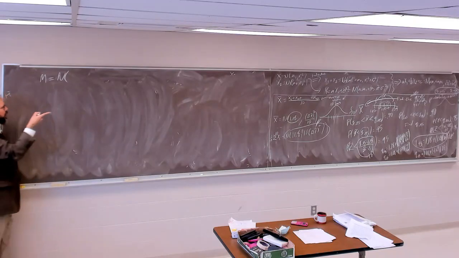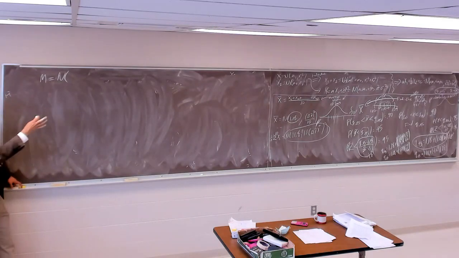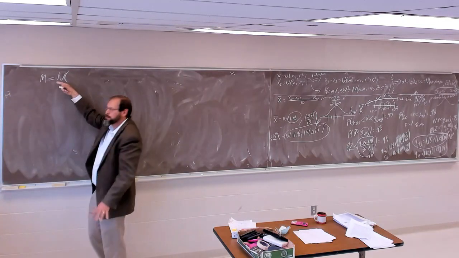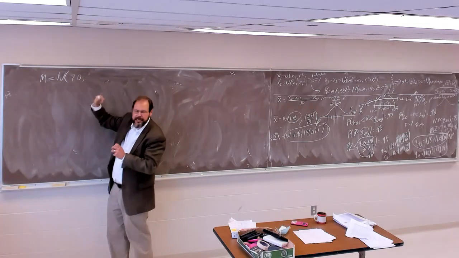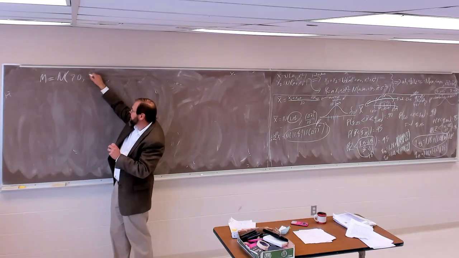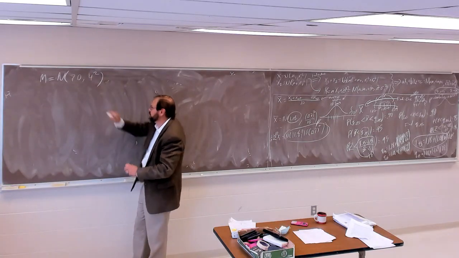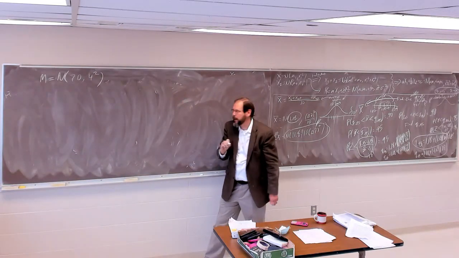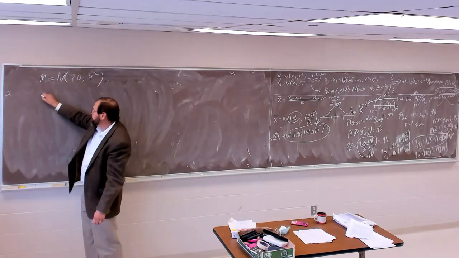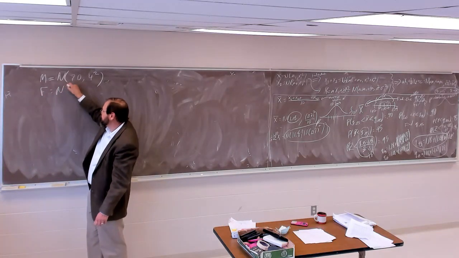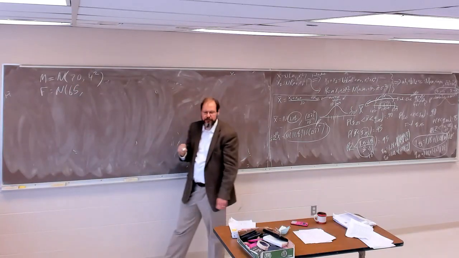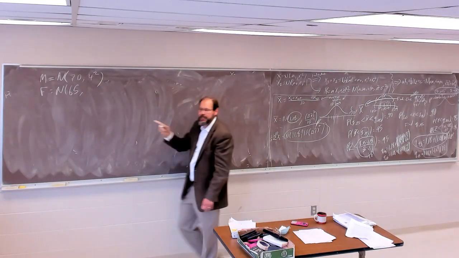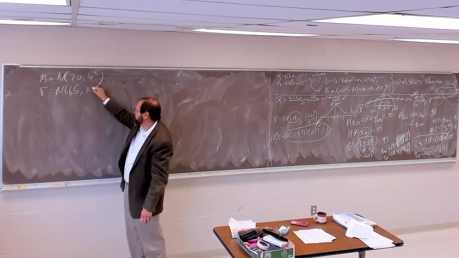The height of adult men in the United States, in inches, is approximately normally distributed with mean equal to 70 and sigma squared equal to 4 squared. The height for females is approximately normally distributed with mean equal to 65 inches and sigma squared equal to 3.5 squared.